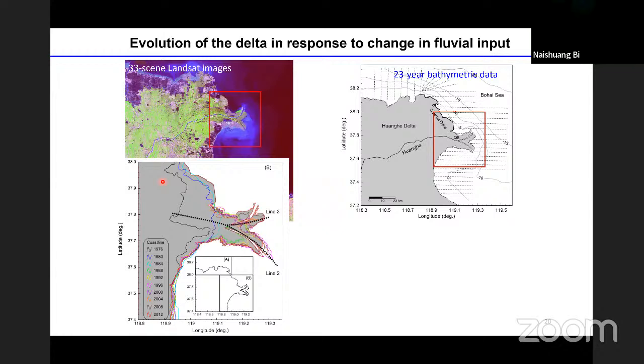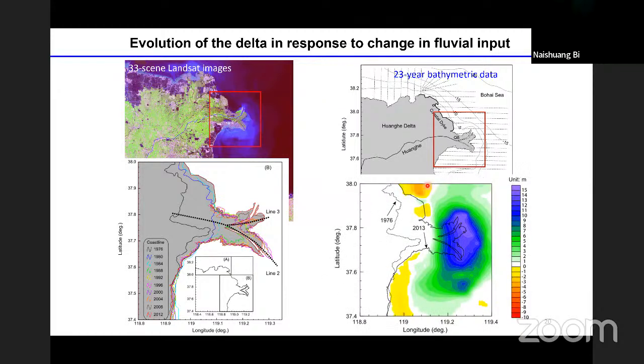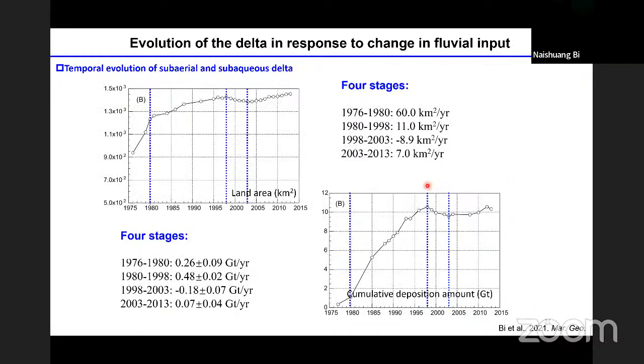And we also use 23 years of bathymetric data to quantify the erosion deposition volume in the subaqueous delta. Next, I will show the temporal variation in the subaerial and subaqueous delta. Both evolved through 4 stages during 1976 to 2013.